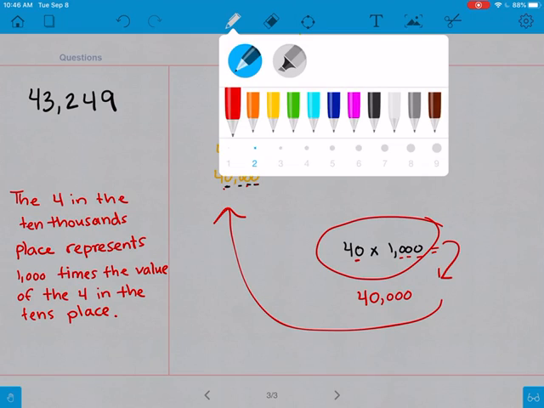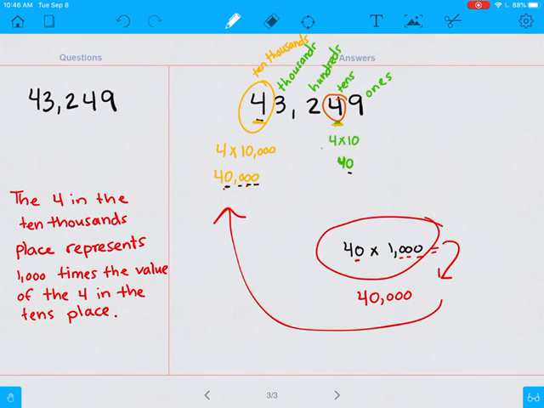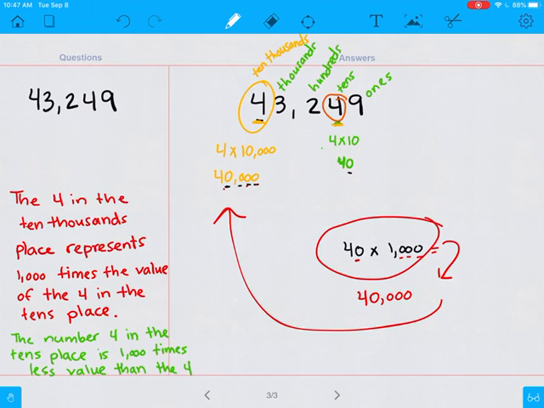Another way we can write that would be the number 4 in the tens place is 1,000 times less value than the 4 in the 10,000s place.